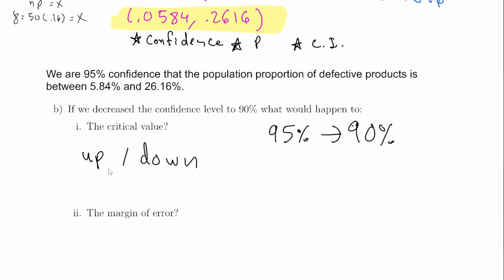If you remember the simulation that we did on Wednesday, that should help you out. If the confidence level goes from 95% to 90%, the critical value should go down, because if you're less confident, that affects your critical value. Whenever the confidence level decreases, the critical value gets smaller. If we had gone from 90% to 95%, the critical value would go up.